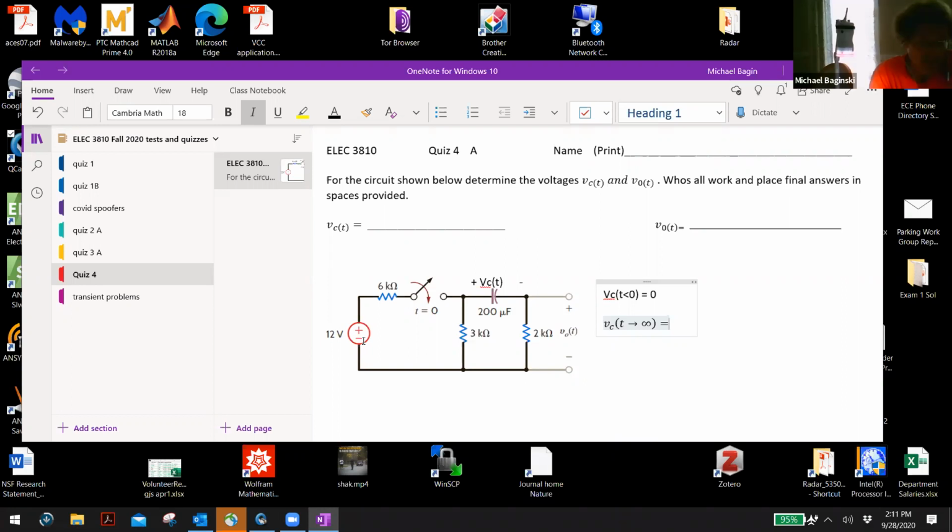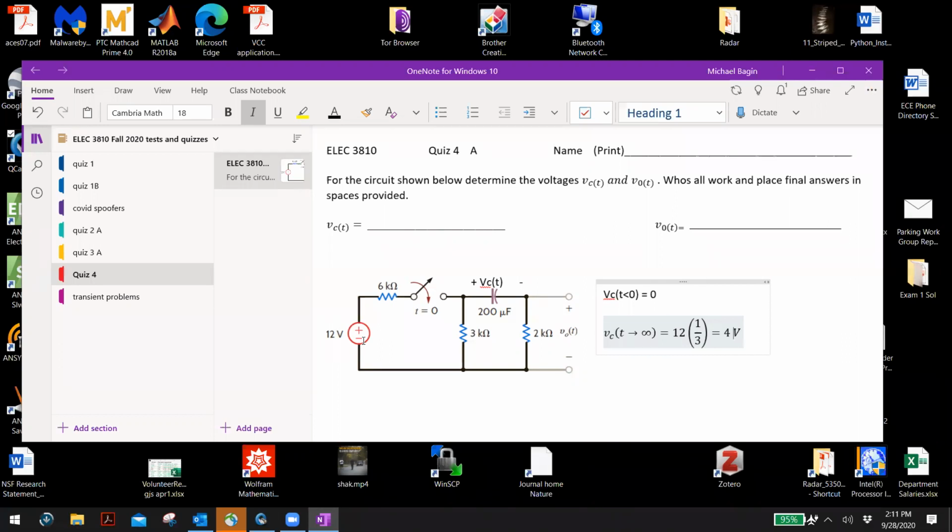It's simply that voltage is 12, and then it's going to be 3 over 9 or 1/3, right? And that's simply 4 volts, isn't it? That's all it is, right? Wait, we don't consider the 2K because there's no current. There's no voltage drop if there's no current as T goes to infinity, right?